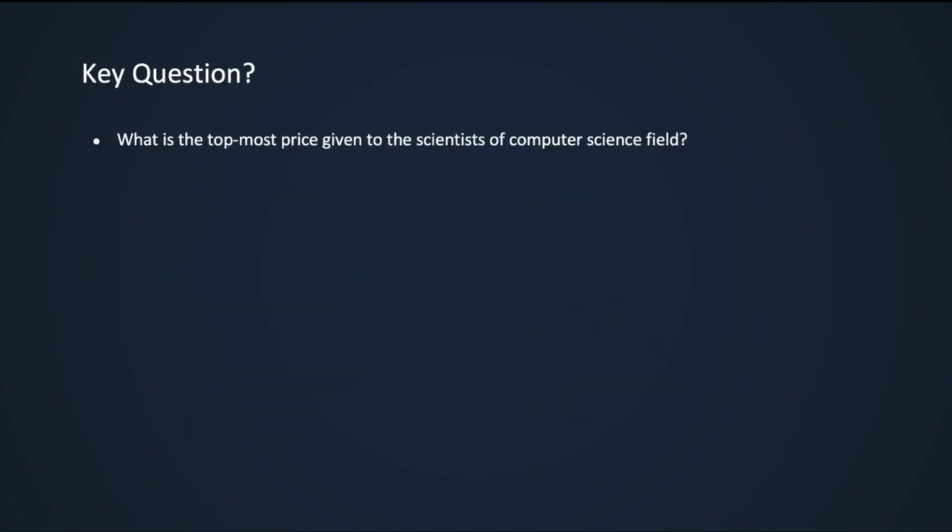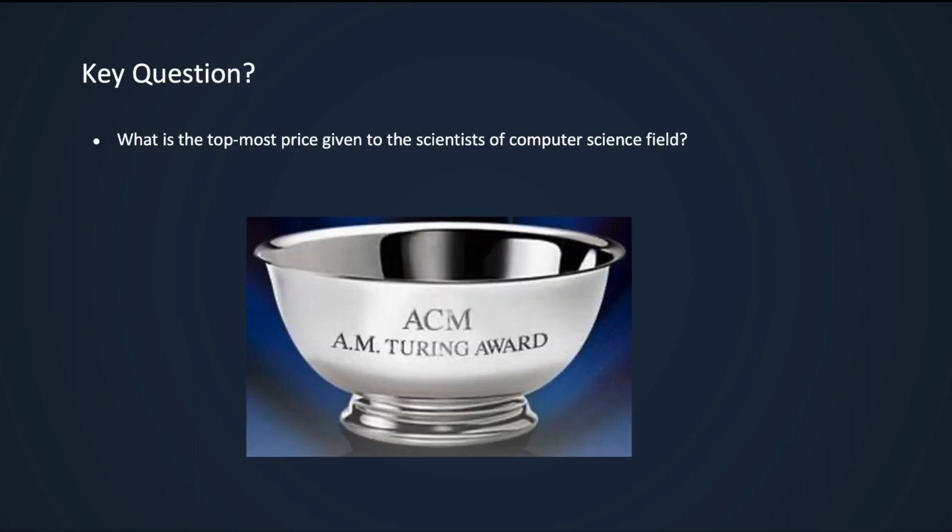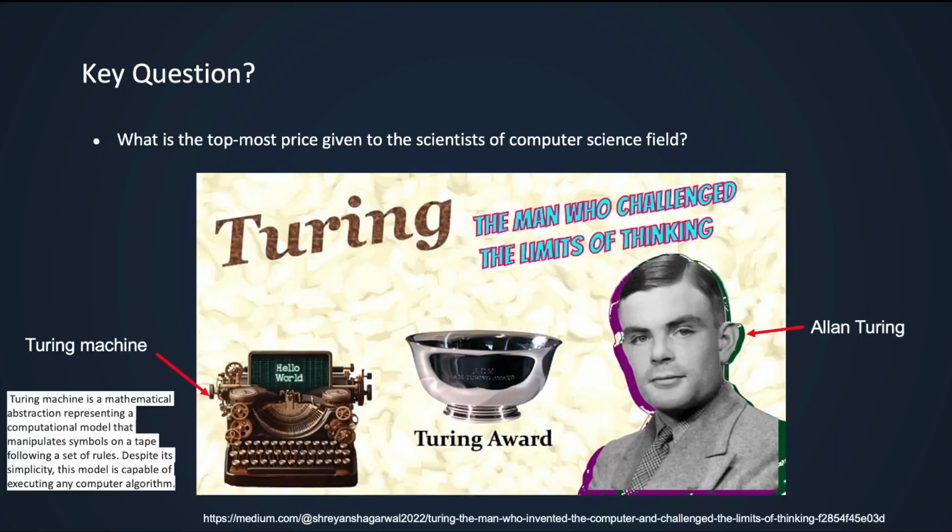The key question is, what is the topmost prize given to scientists in the field of computer science? The Turing Award is given based on the mathematician called Alan Turing.